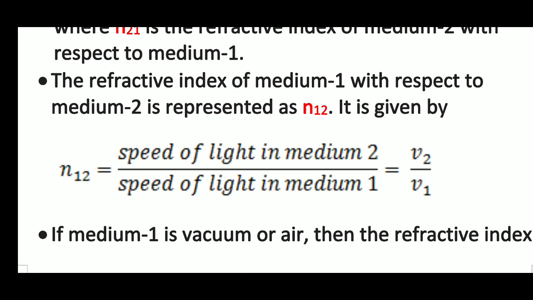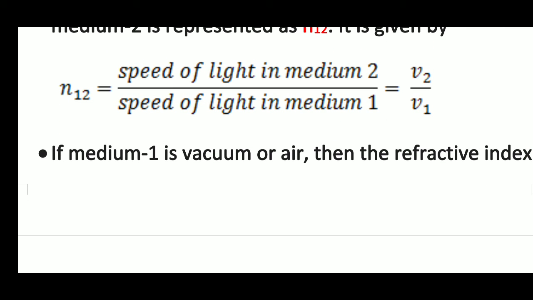Now if you want the refractive index of medium 1 with respect to medium 2, it will be denoted by n12, and it is given by n12 equal to speed of light in medium 2 divided by speed of light in medium 1, that is v2 upon v1.